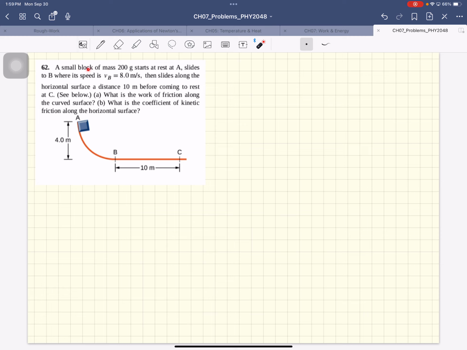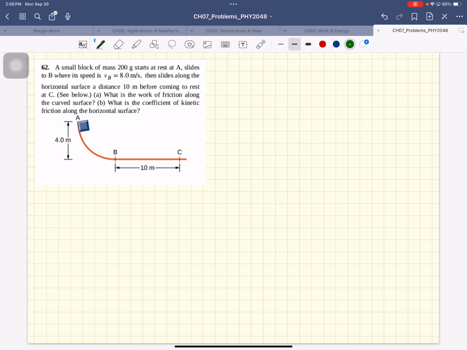A small block of mass 200 grams starts at rest at point A, slides to B where its speed is 8 meters per second, then slides along the horizontal surface a distance of 10 meters. 10 meters is from here to the wall. Before coming to rest at C. What is the work of friction along the curved surface?